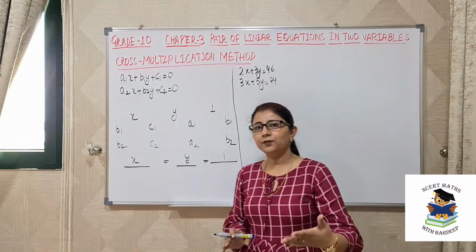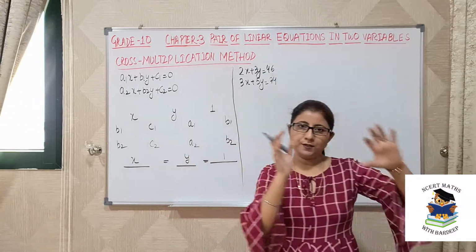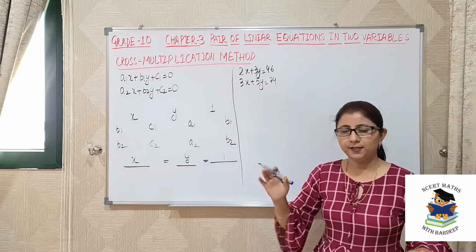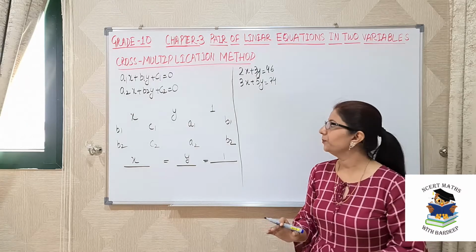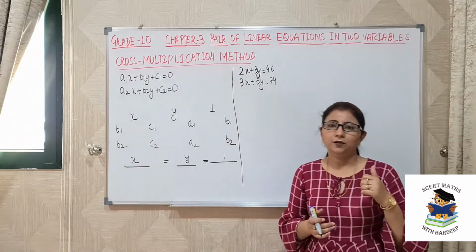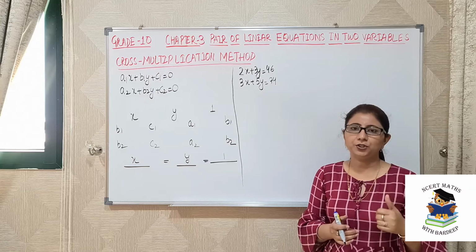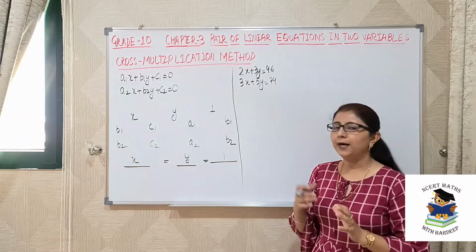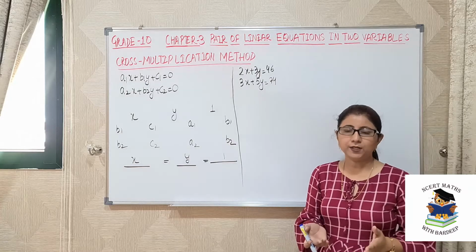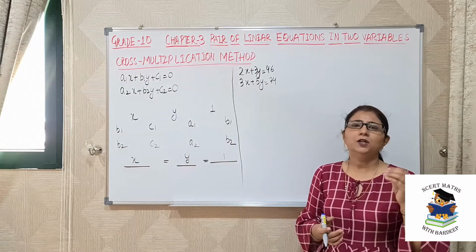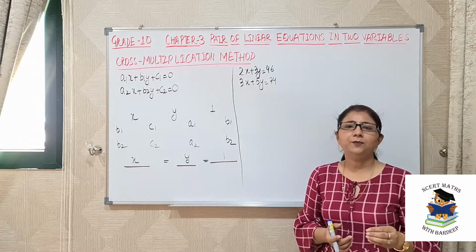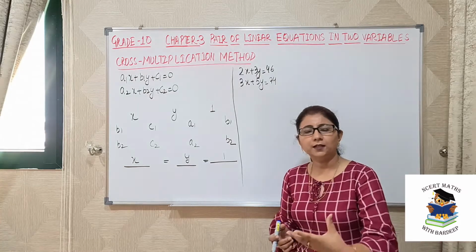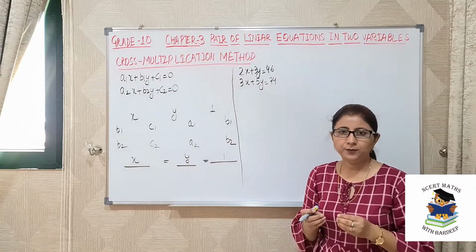If it is not given to be 0, just shift your constant to the other side so that the right hand side becomes 0. One more thing, we will use cross multiplication in those questions where the coefficients are comparatively bigger numbers. Sometimes it's very difficult to substitute any one variable or eliminate the other variable by multiplying with bigger numbers.